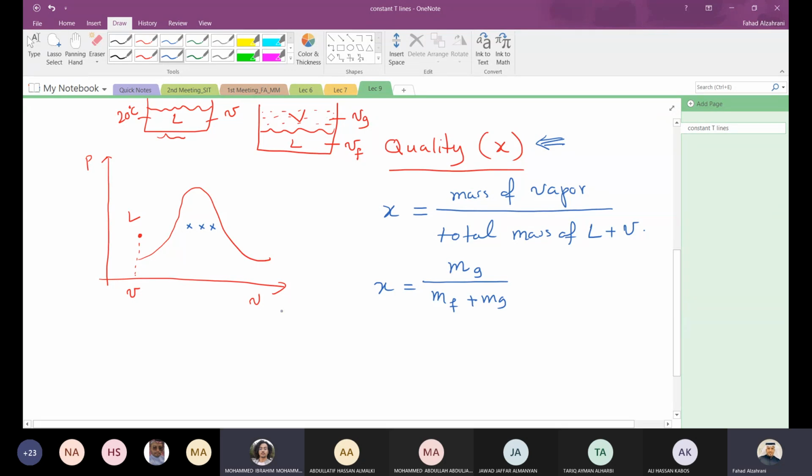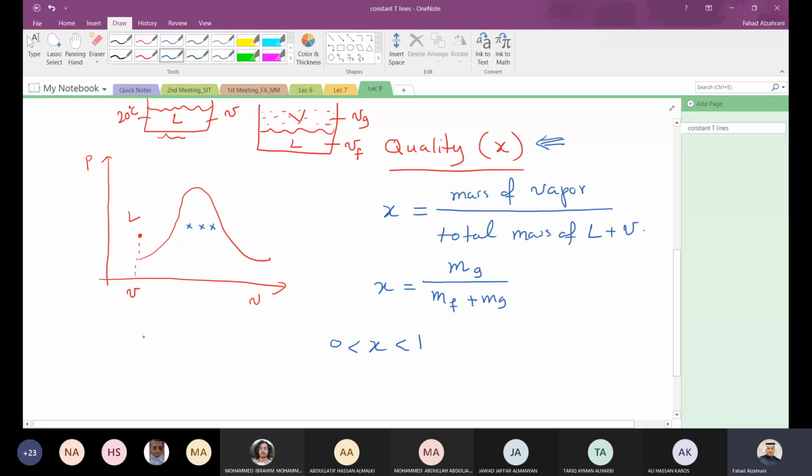From 0 to 100. This is in terms of percentages, but without percentage it is between 0 and 1. Okay, so this is the range of this quality.